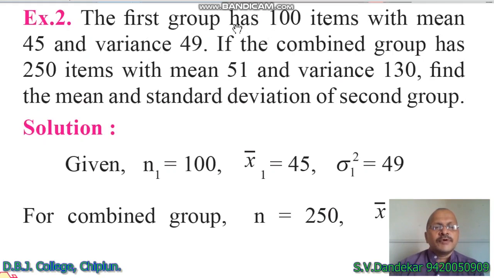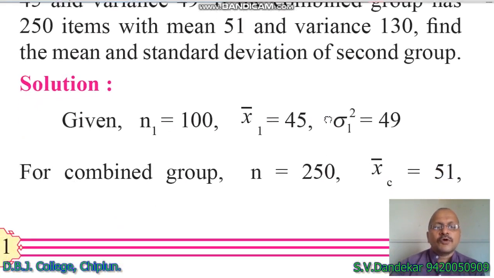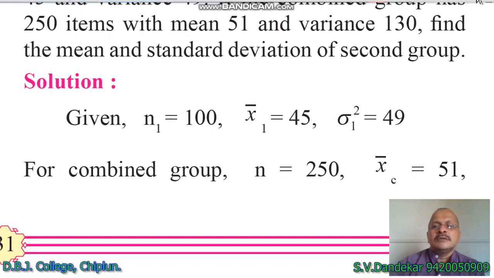Firstly, the first group has 100 items, so n1 is equal to 100. The first group has mean 45, so x1 bar equal to 45, and the first group has variance 49, that means sigma 1 square equal to 49, that is sigma 1 is equal to square root of 49 equal to 7.